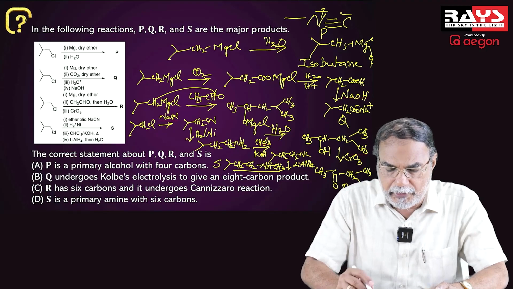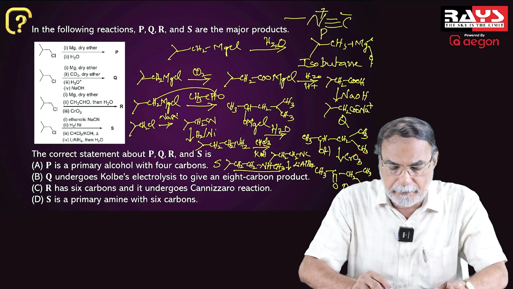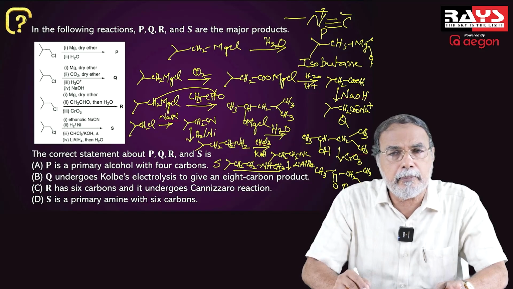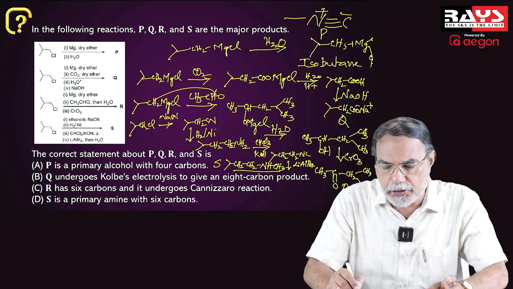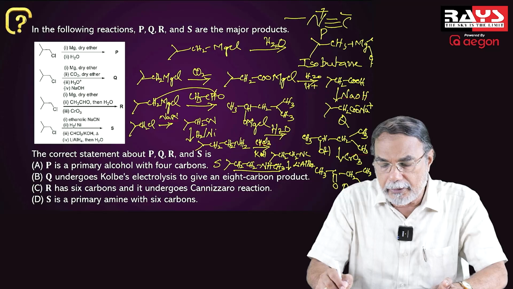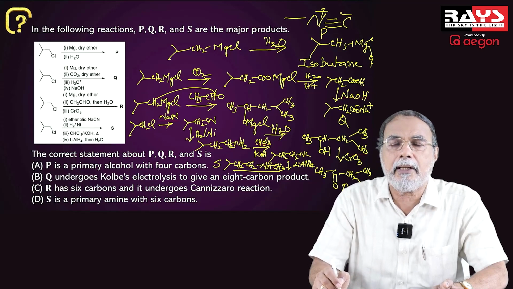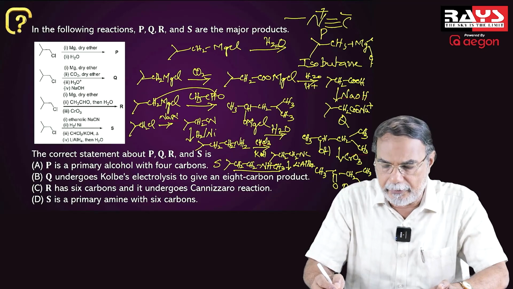So once again, the sequence of reactions: the isobutyl chloride reaction with the NaCN replaces the chlorine by cyano group, and on reduction by hydrogen in the presence of nickel, the C triple bond N group is completely reduced to CH2NH2, and on reaction with the chloroform and alkali, you have the isocyanide formation, the carbylamine reaction, and the isocyanide group is completely reduced to NHCH3 group by lithium aluminum hydride.